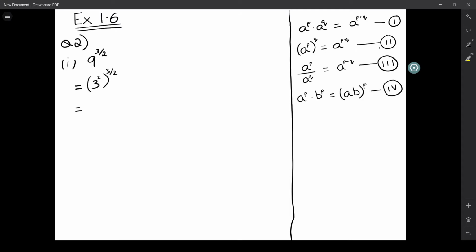Again, using formula number 2, just like we did in the first question, we can arrive at 3 to the power 2 into 3 by 2. Here, the 2 will cancel itself out in the numerator and denominator of the powers, and we're left with 3 cube, which is 27.